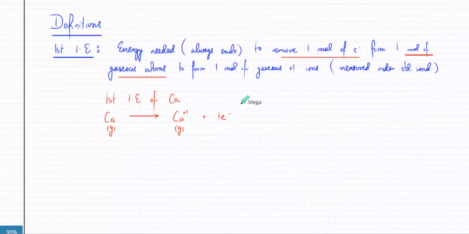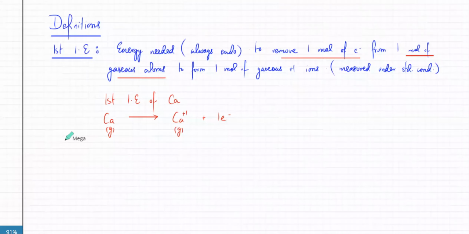And they might ask you about the second ionization energy as well. So the second ionization energy is going to be exactly the same, except what you're going to do now is, you've already removed the first electron. So now you will try to remove the second electron.